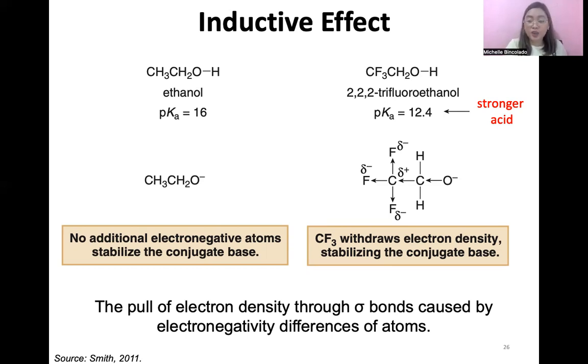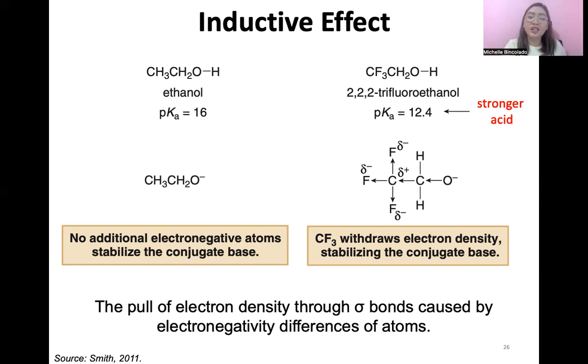However guys, dito sa CF3CH2O-, we have fluorine atoms. CH3, ngayon CF3. The fluorine atoms withdraw electron density, thereby stabilizing the conjugate base. Nasta-stabilize na guys yung negative charge ng conjugate base. Diba? And this is what we call inductive effect. So, the ethanol here na may mga fluorine atoms, yung stronger acid as compared sa normal lang guys na ethanol.